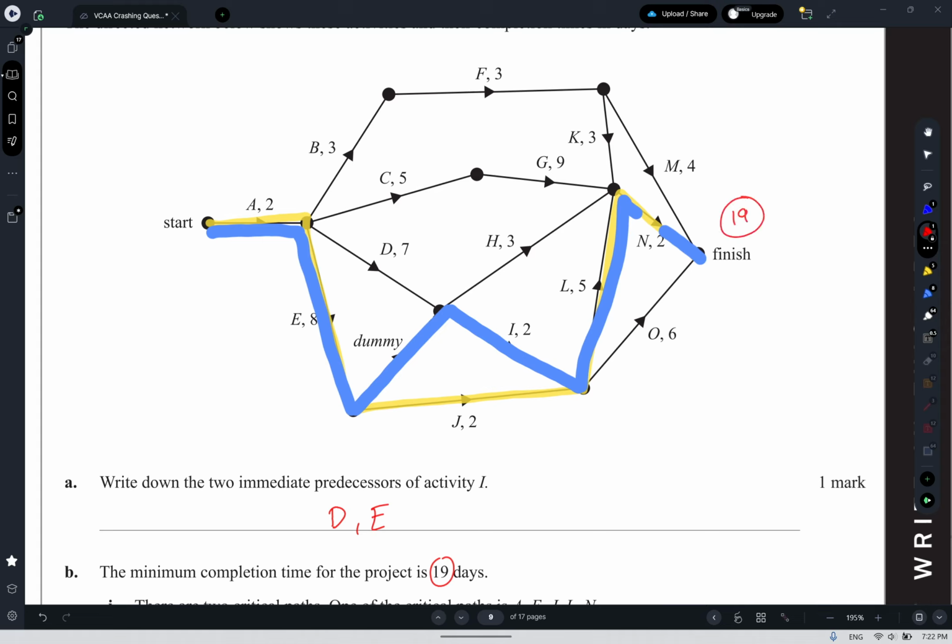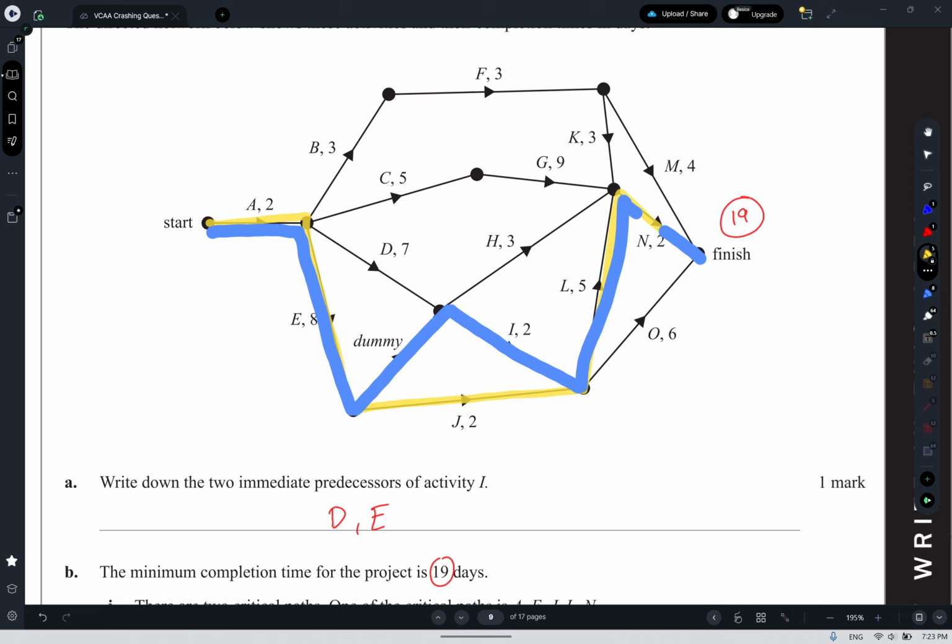Hopefully in your reading time you've looked at this network and found other paths through the graph that are close to 19. So we have hopefully discovered ACGN, which is 2 plus 5 is 7, plus 9 is 16, plus 2 is 18. So that's very close to being critical.